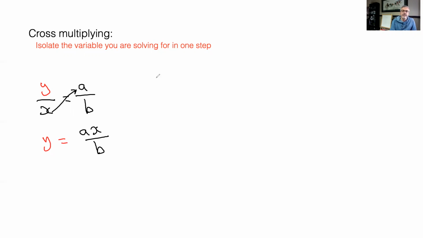Let's say the next thing we could try is solving for x over, sorry, I'm just going to rewrite this first. Or let's say I'm solving for y this time, and y is on the bottom. Not as simple as this, but it's also one step.